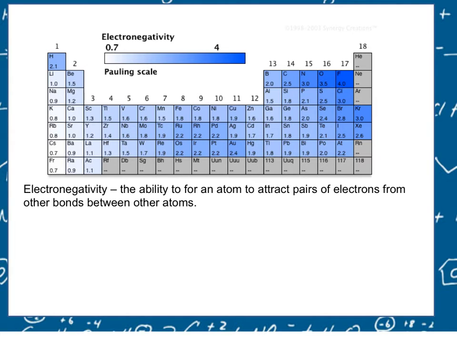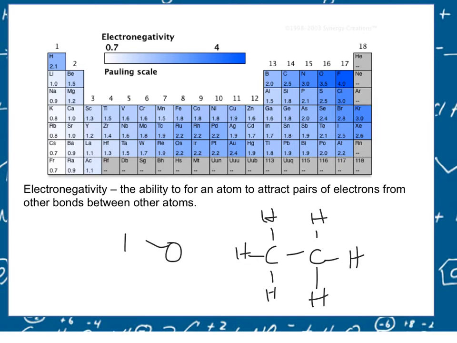So if I draw a simple structure here, and I have a water molecule, which is a very polar molecule, this oxygen has a large ability to attract electrons in this bond. That's what we're talking about with electronegativity. Its ability to attract bonded electrons from some other atoms.